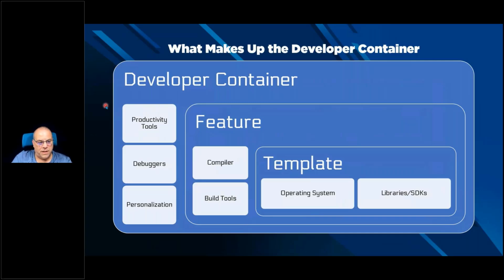And then you have the dev container itself, which has our productivity tools, things like your linters or your Azure CLI, your AWS CLI, any of your debuggers, and personalizations that you might want, like the color scheme and things like that. We're going to look at all these things in a minute.